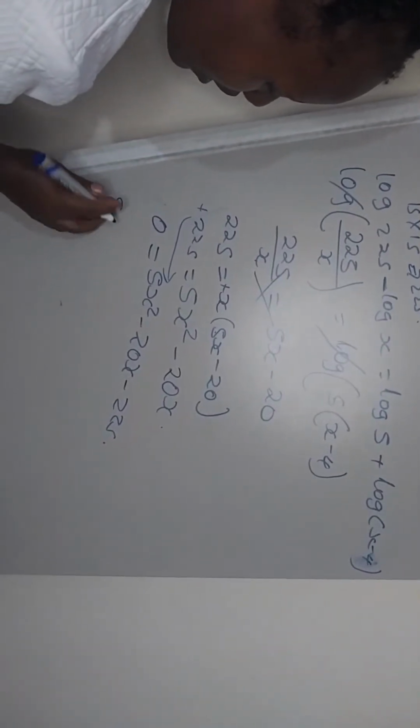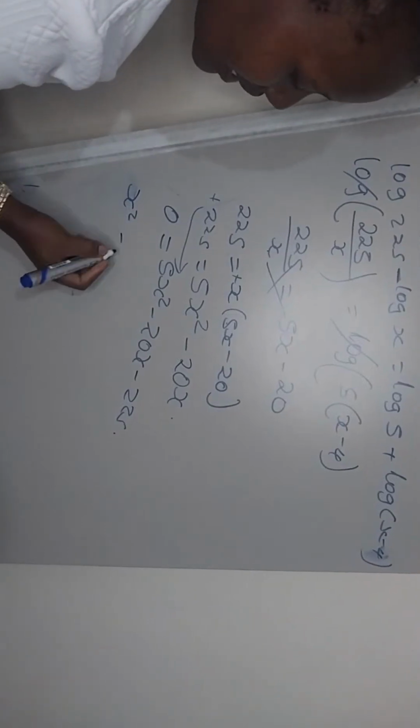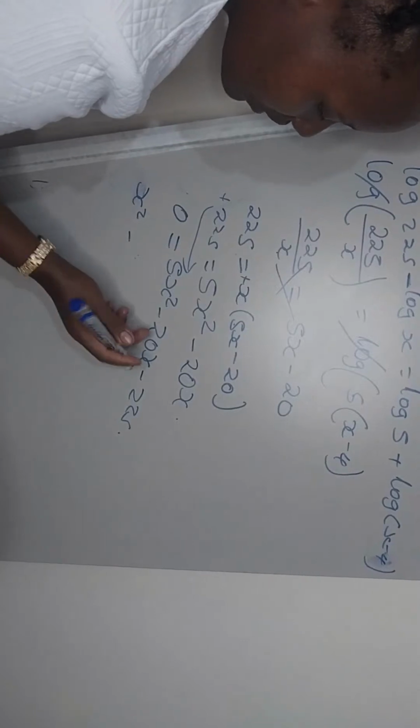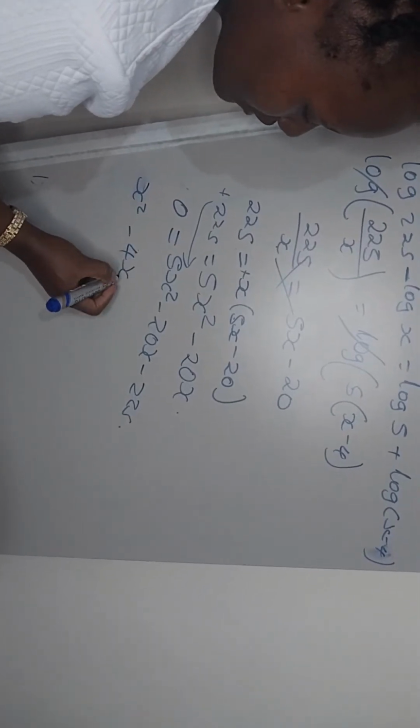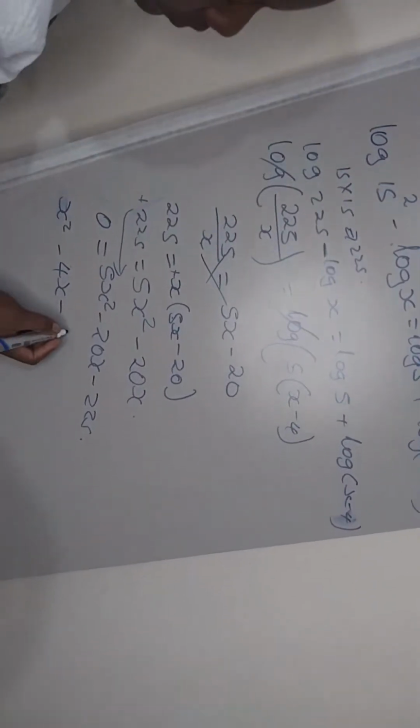So 5 divided by 5 will be x squared, minus 20 divided by 5 will be 4x, minus 225 divided by 5 will give us 45. 45 is equal to 0.